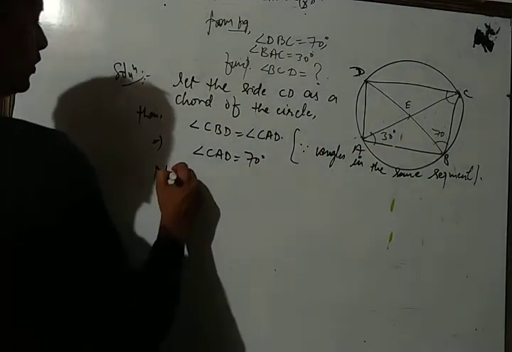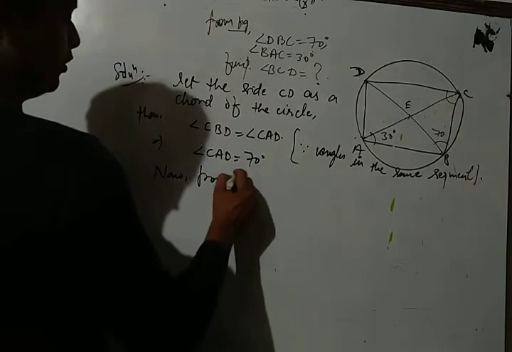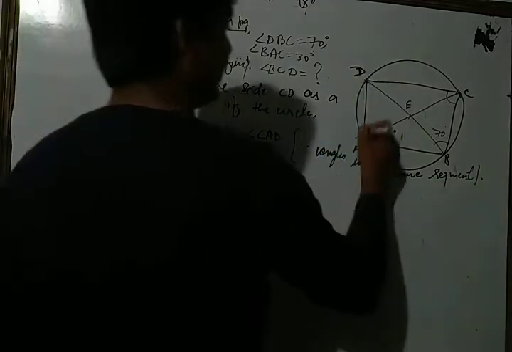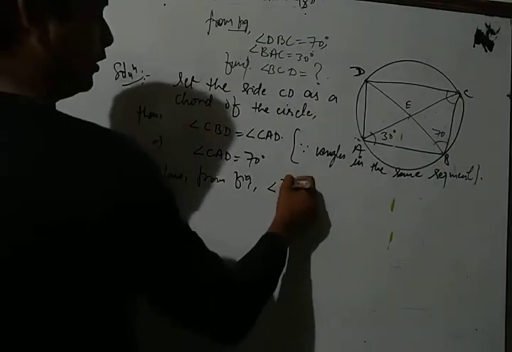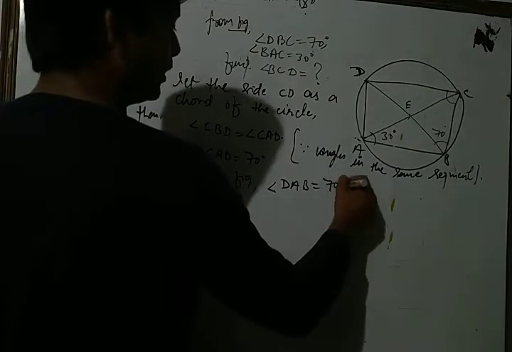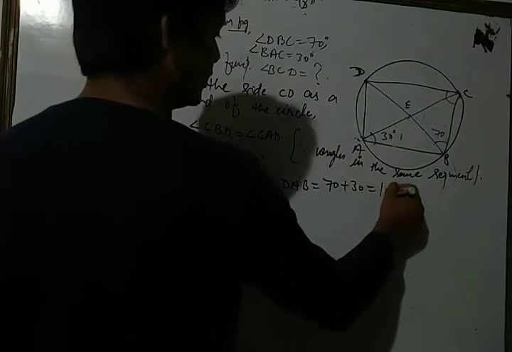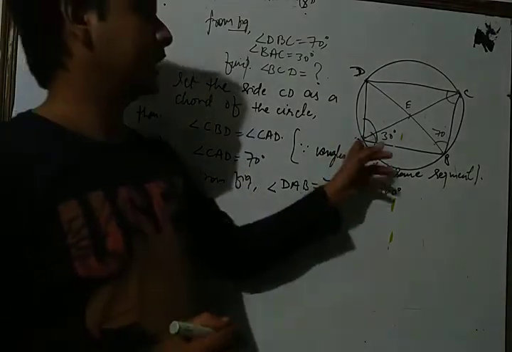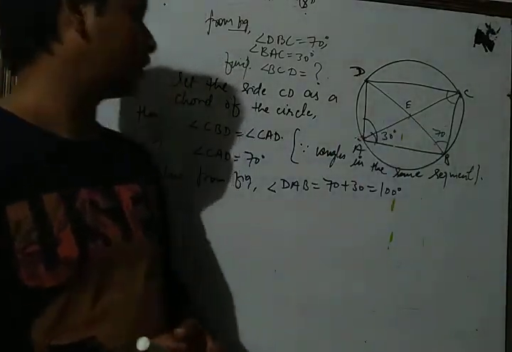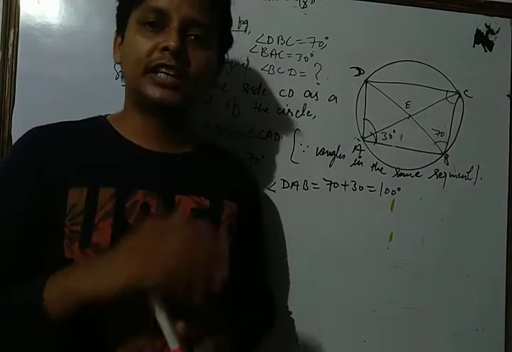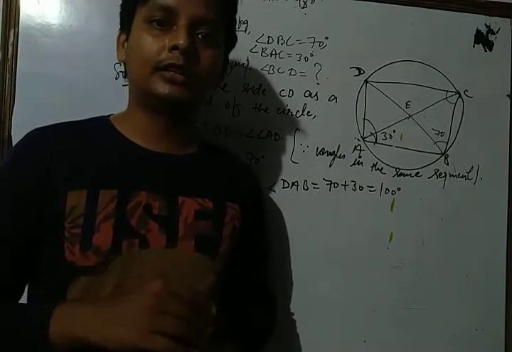Now from the figure, angle DAB is equal to 70 plus 30, that is 100 degrees. Now dear students, ABCD is a cyclic quadrilateral, and we know that the sum of opposite angles of a cyclic quadrilateral is 180 degrees.